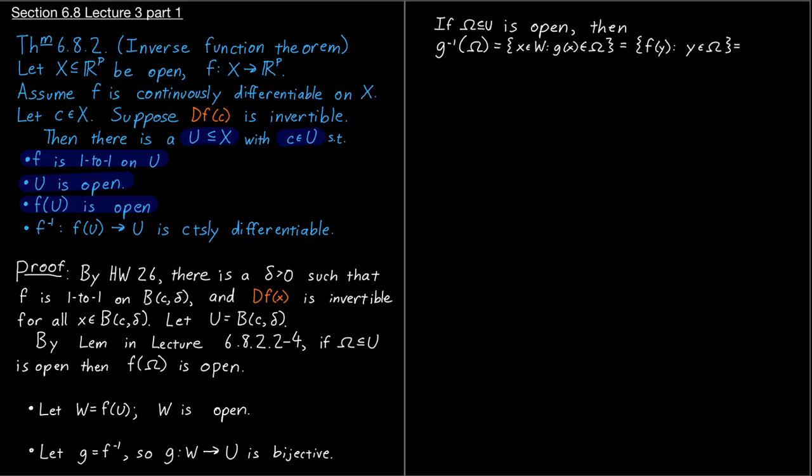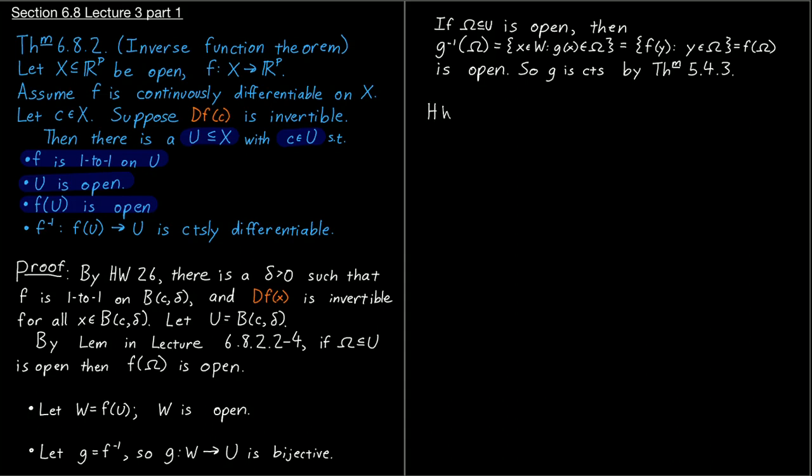You can trace through the pieces. We just get f of omega. This thing is open. So we see that the inverse image of all open sets are open. So G is continuous by our favorite theorem from the section on continuous functions. So we know that G is continuous.